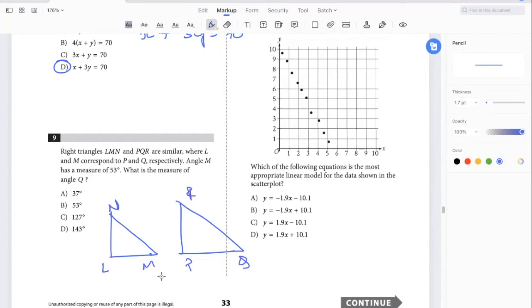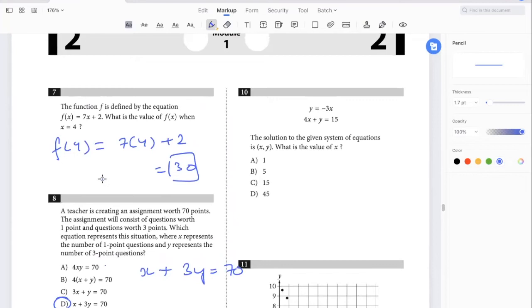L and M correspond to P and Q, right? Now, angle M has a measure of 53. So angle Q corresponds to angle M, so it will also have a measure of 53.